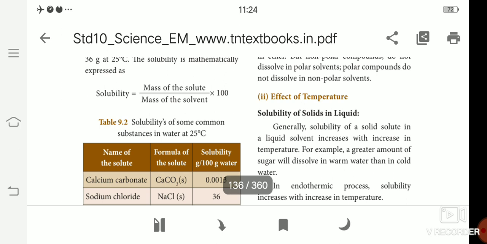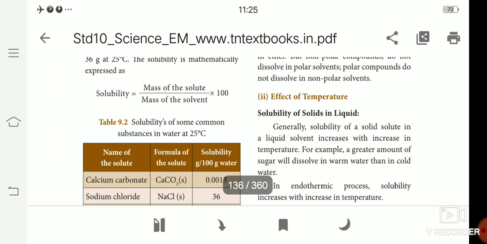The solubility of a solid in a liquid solvent increases with an increase in temperature. If you take a glass of hot water and add sugar or salt, the temperature is higher, so the solubility increases. This process is called an endothermic process.